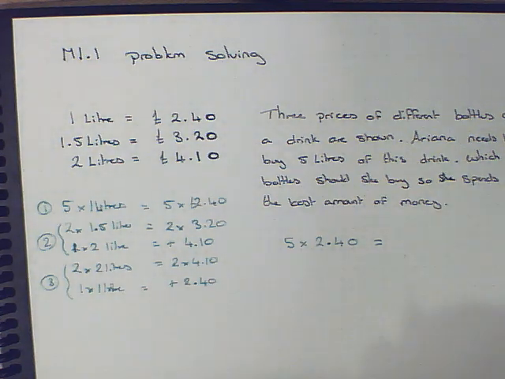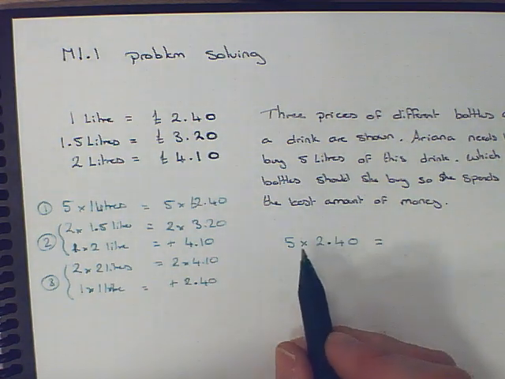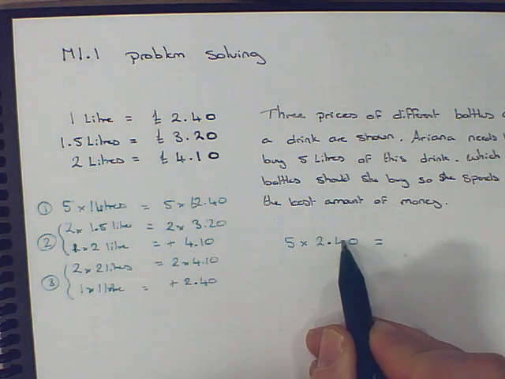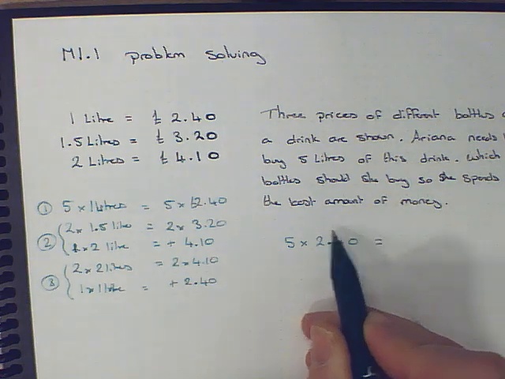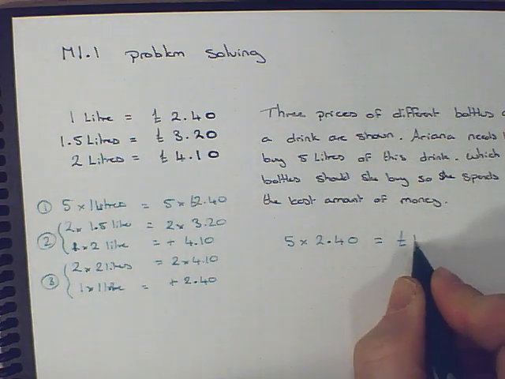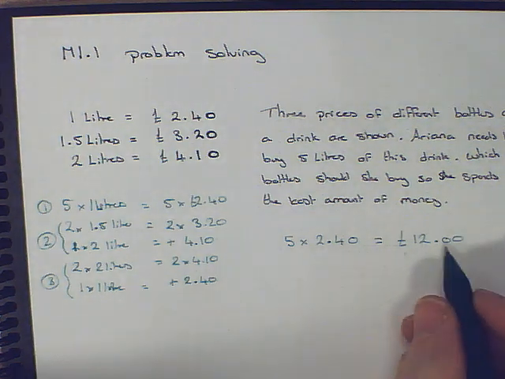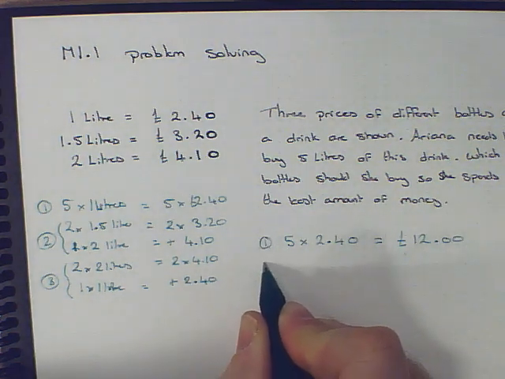We can use our methods, or if you're quite capable, you could do this in your head. 5 times 2 is 10. 5 times 40 is 200, so it's an extra £2. So that would be £12 in total. That's option number 1.